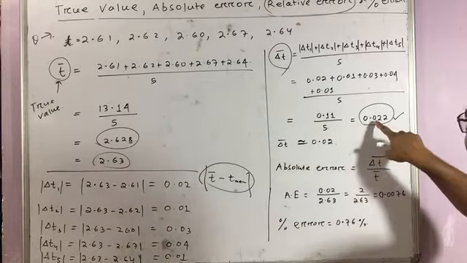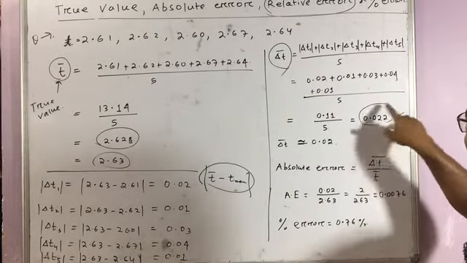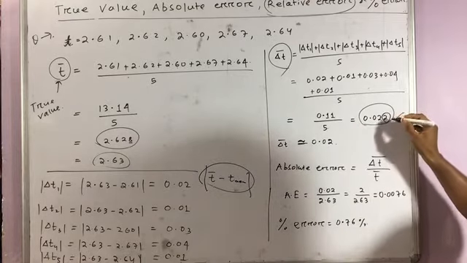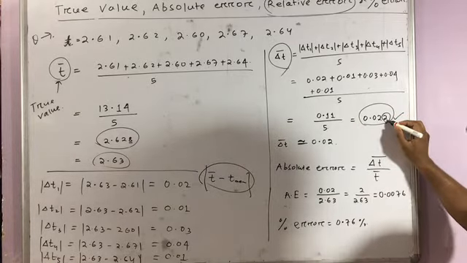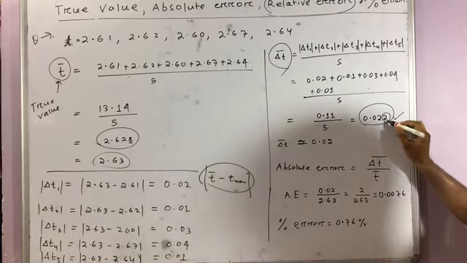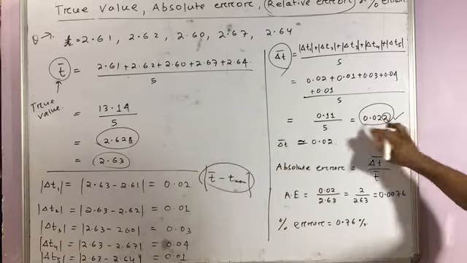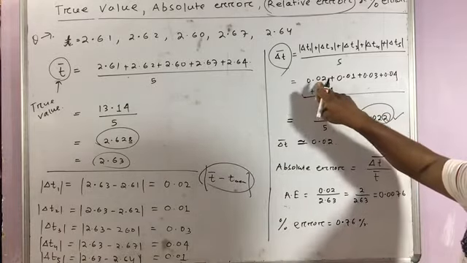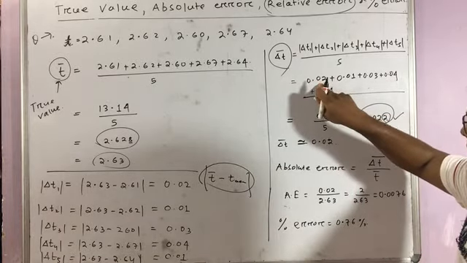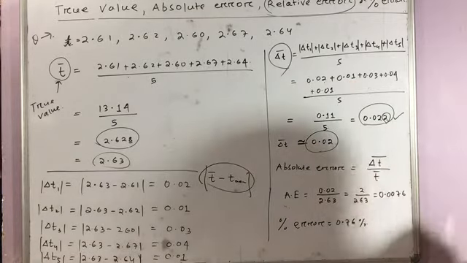Again we need to round it up, because the value is coming 0.022. You see here, the last digit is 2, and this 2 is less than 5, so simply you need to drop it. Why do we round? Because our absolute errors are up to 2 decimal places, so it comes out to be 0.02.